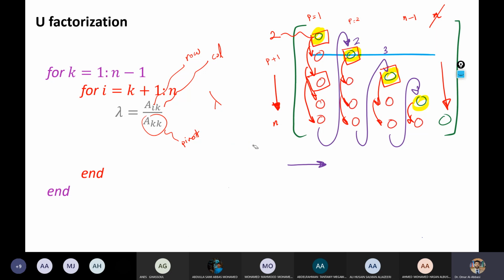What do we need to do next? We need to calculate the new row, the entire row that we have. How can we calculate the new row? The new row equals the old row minus lambda multiplied by the pivot row.